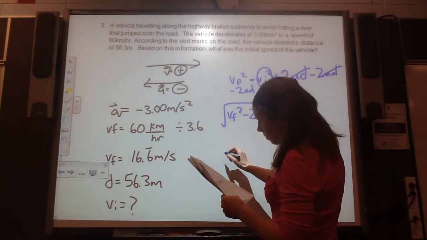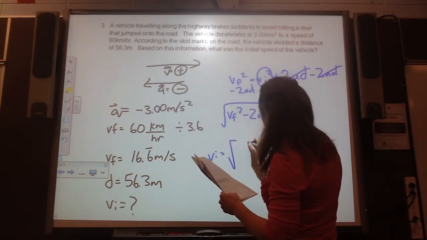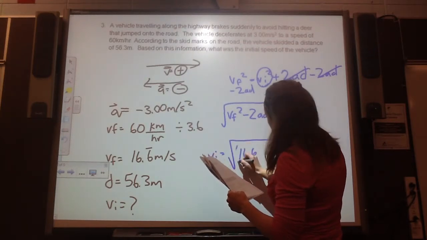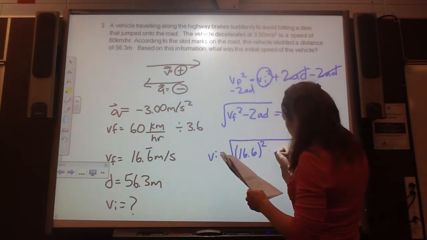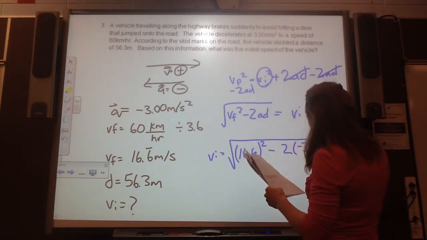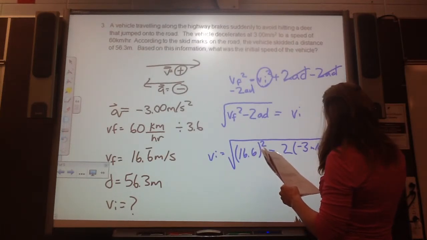Now you can put it all in. So VI is equal to the square root of 16.6 squared minus 2 times negative 3 meters per second squared times 56.3 meters.